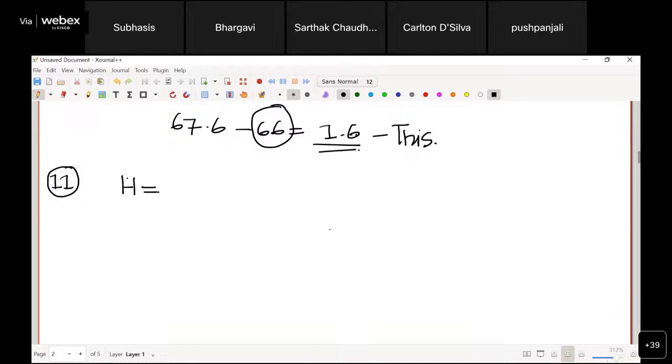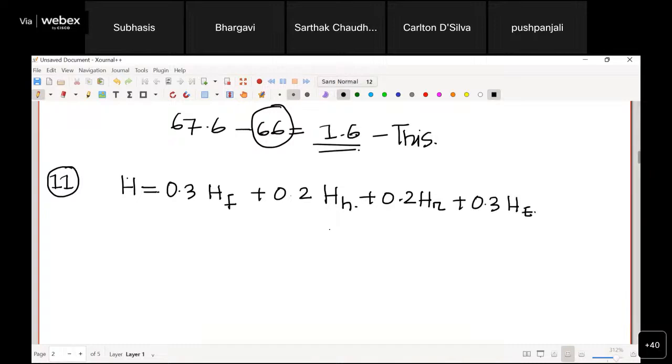So what is that formula? The height is basically 0.3 h of f, and 0.2 h of s, 0.2 h of r, plus 0.3 h of t.